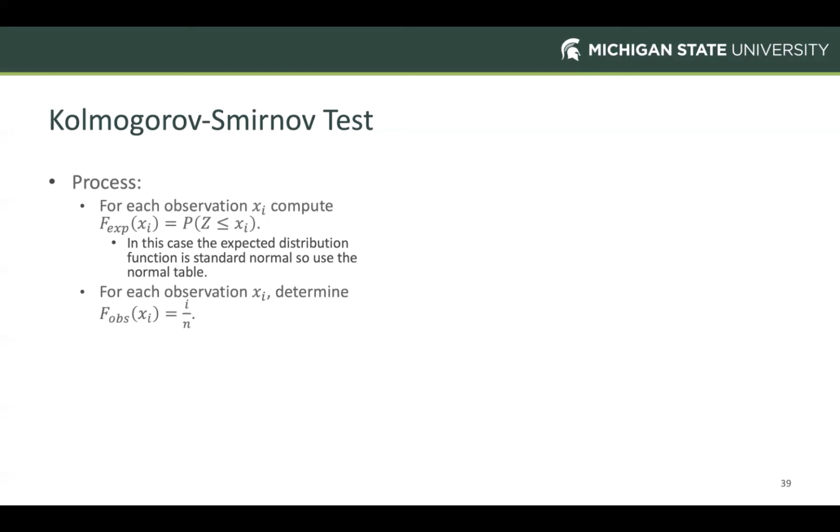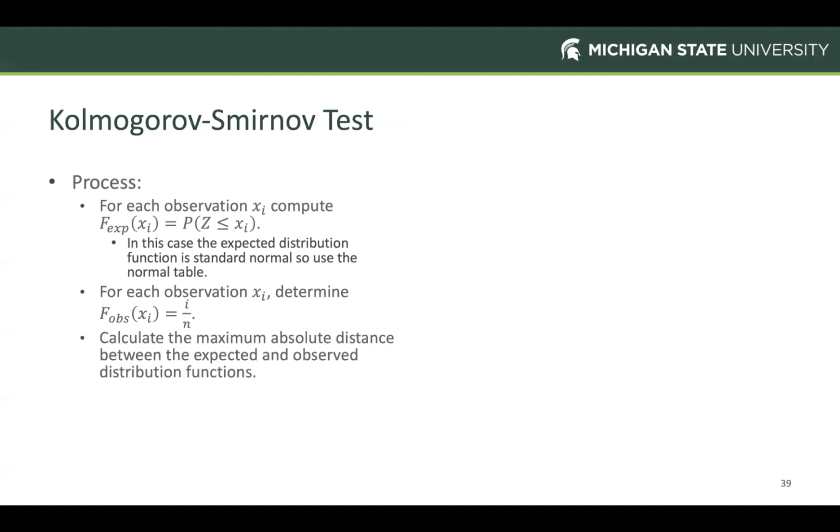With that, we would also be interested in determining the probability of observing that specific value within our own empirical or sample distribution. All we do in that case, assuming our data are sorted in ascending order as we had done in the previous tests, for each individual observation, is take our quantity i, our observation number from 1 up to n, divided by the respective sample size, okay?